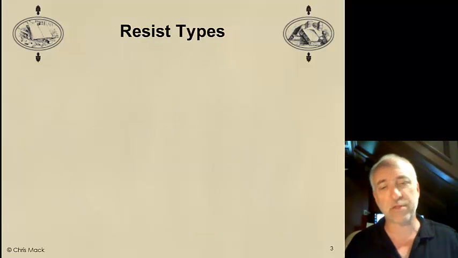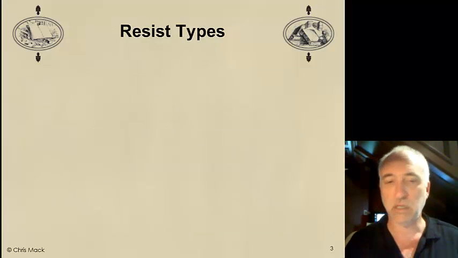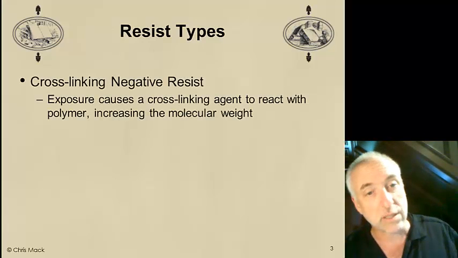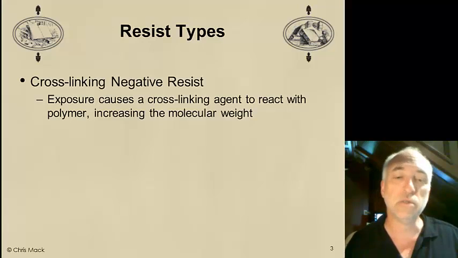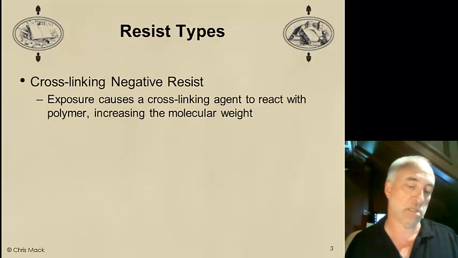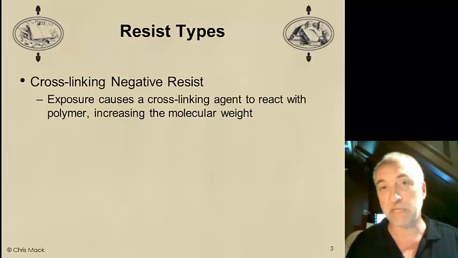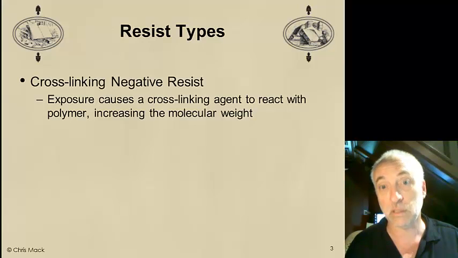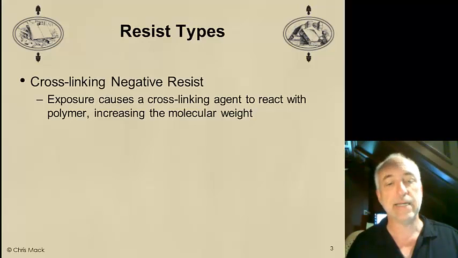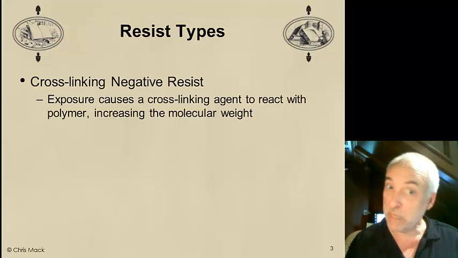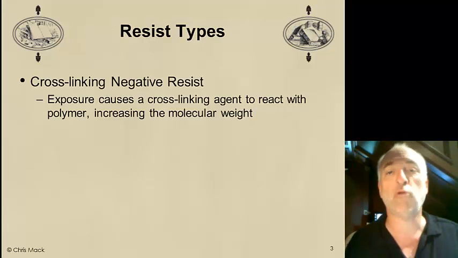Let's talk about three different resist types. I just mentioned two, we'll mention one more. The earliest photoresists that we used in semiconductor manufacturing were cross-linking negative resists. Kodak invented a material called KTFR, Kodak thin film resist. It was based on a synthetic rubber that was a low molecular weight, but mixed into it was something called a cross-linking agent.